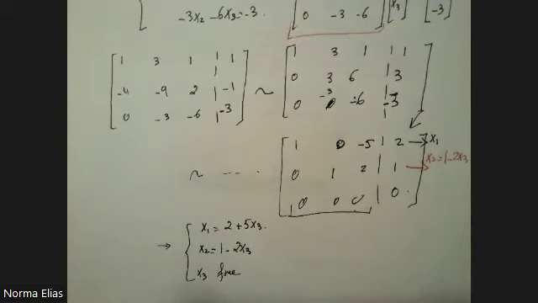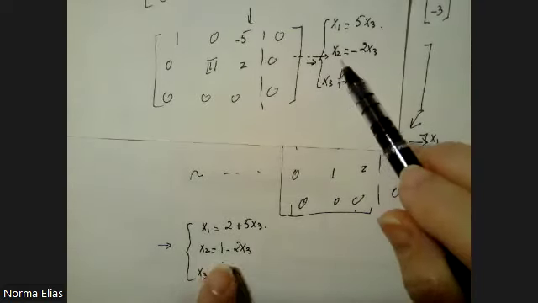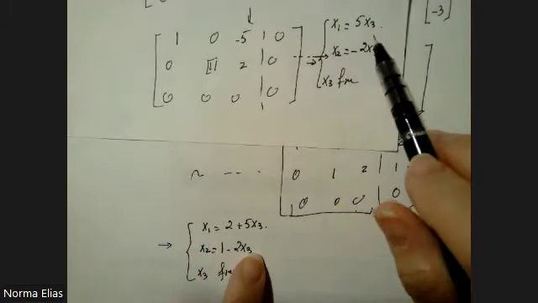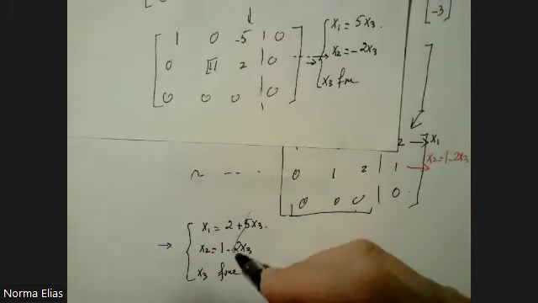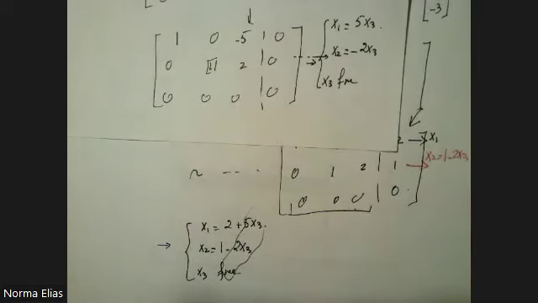So I'm trying to build the relationship between here and here. In the homogeneous setting, x3 was free, x1 was 5x3, and here x1 is 2 plus 5x3. So this piece is basically the same in the homogeneous and non-homogeneous cases, but we're adding to it.